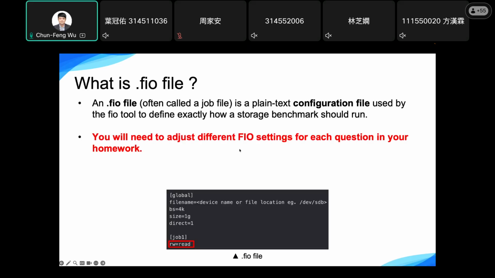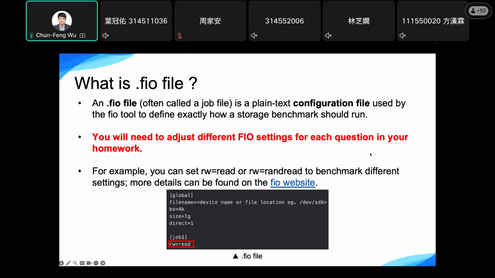You will need to adjust different FIO settings for each question in your assignment. For example, you can set the RW to read or randread to benchmark different settings, and more details can be found on the website.